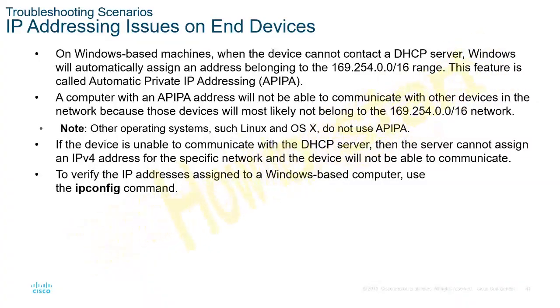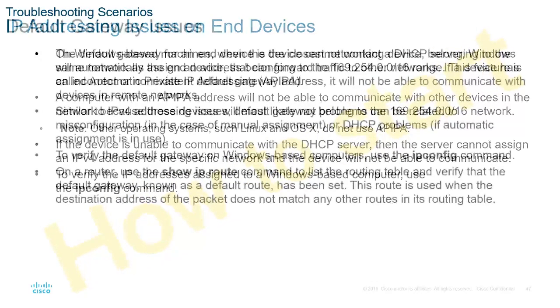On Windows-based machines, if you're not getting an address, we need to understand if we're able to contact a DHCP server or if there is a manually assigned address. We have to look at the network ID, understand if our range is within the network ID's range. Is our default gateway on the same network? Are we using the same subnet? Things like that help us troubleshoot more easily.